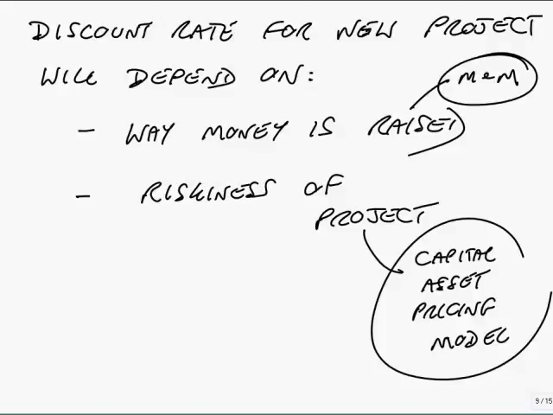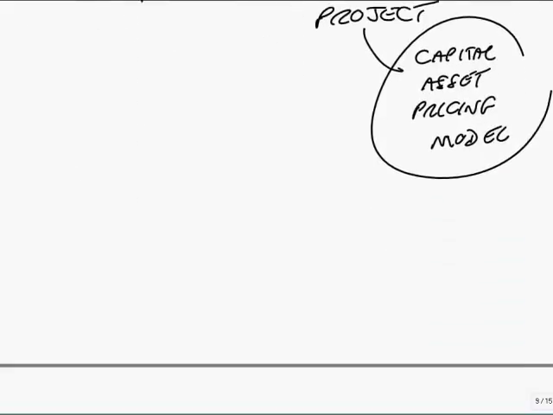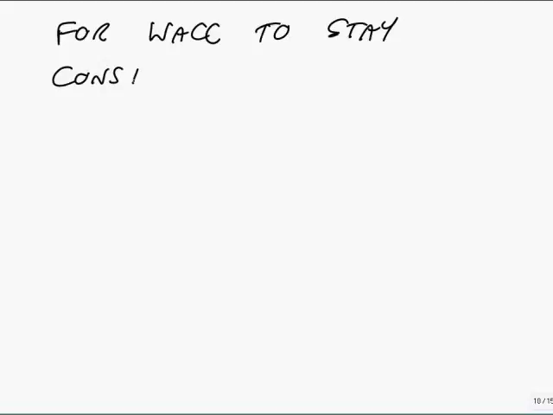But if I told you we're going to raise another 5 million, we are going to invest in this project, under what circumstances would the weighted average stay the same as it is now? To be certain it will stay constant, how would you need to raise your money?